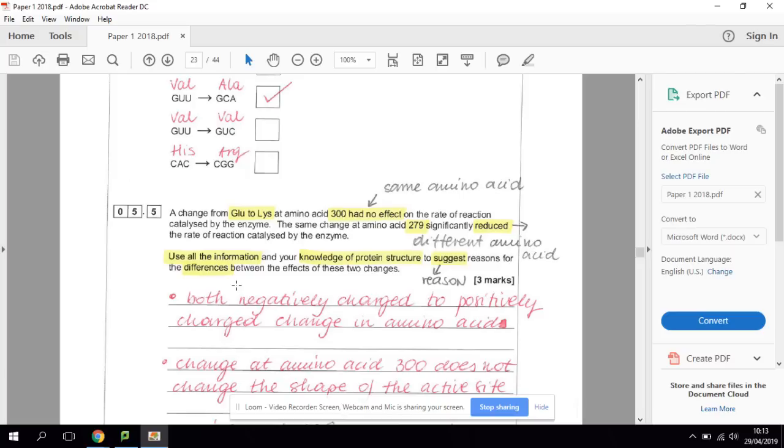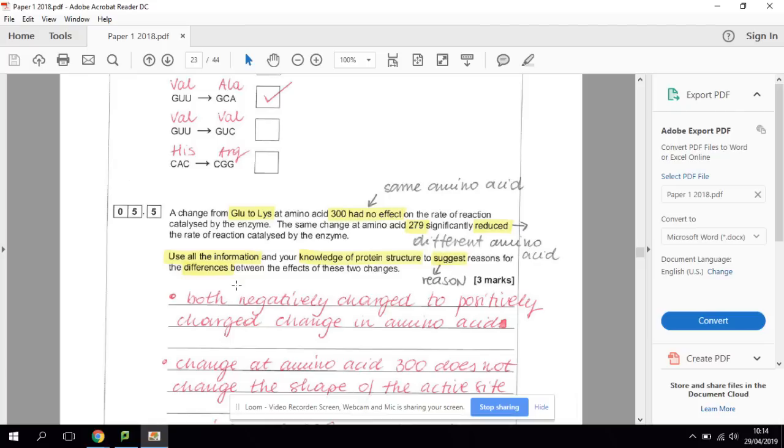So next we've got a change from glu to lys at amino acid 300 had no effect. No effect means that the same amino acid will be coded for due to, of course, the degenerate genetic code, on the rate of reaction catalyzed by the enzyme. The same change at amino acid 279 significantly reduced the rate.